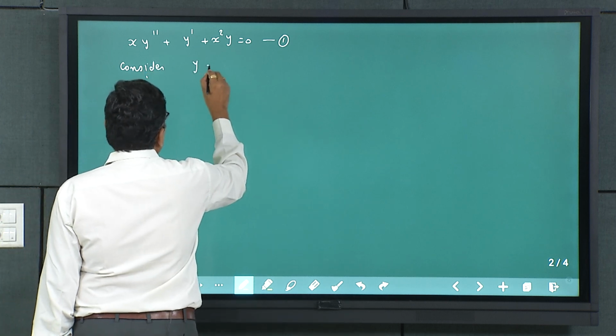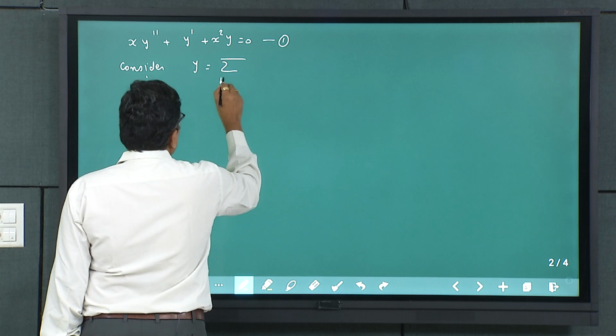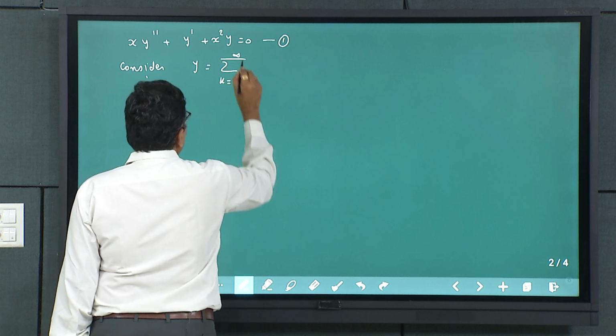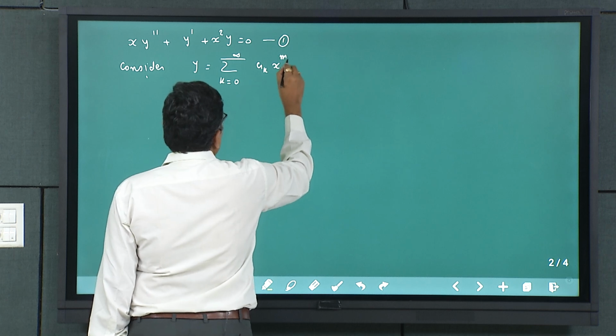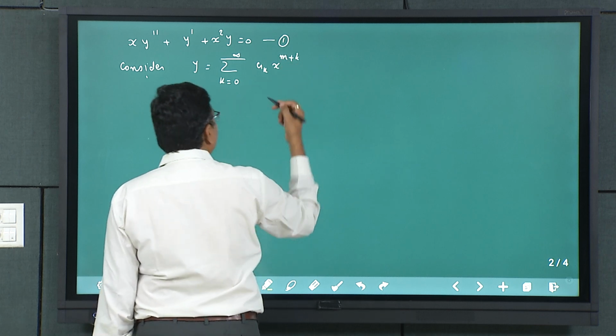y is equal to sigma k is equal to 0 to infinity ak x raised to m plus k as a solution.